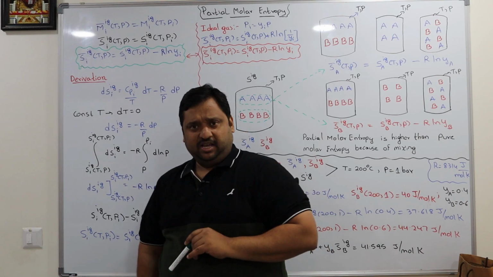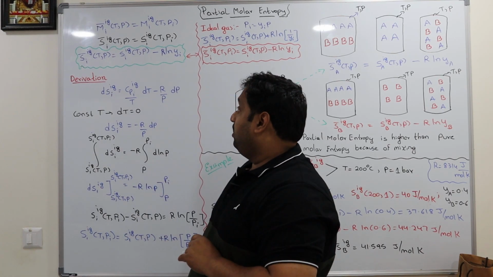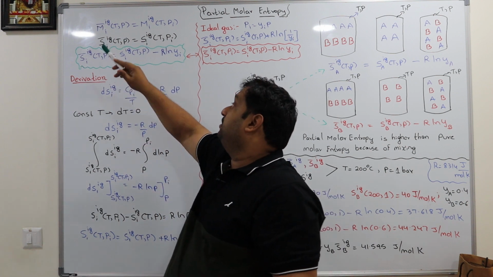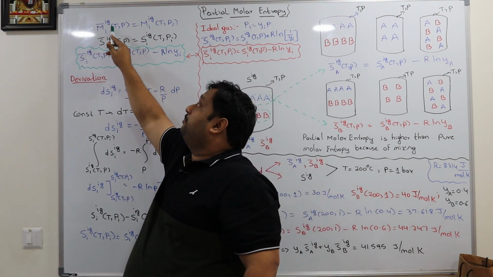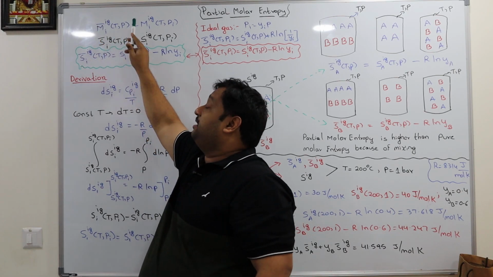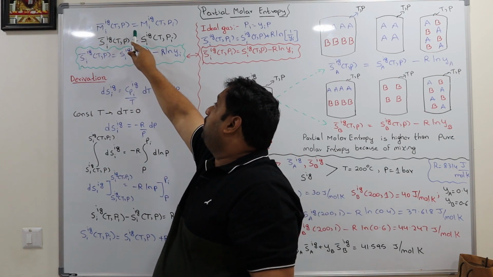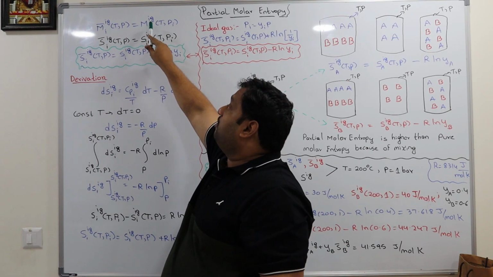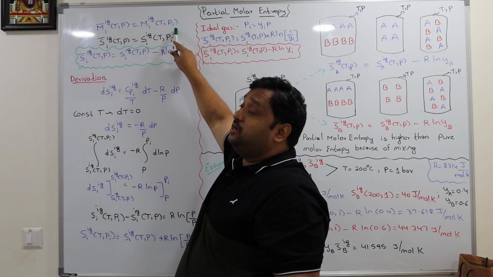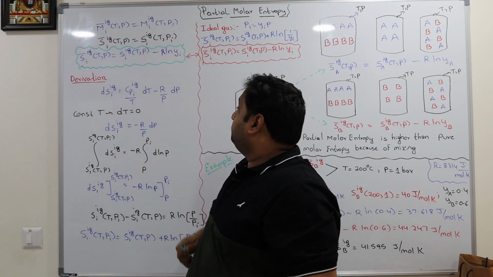Let us go back to the board. Here the Gibbs theorem says that the property of any component in a mixture at a given temperature and pressure will be equal to the pure property of the compound at temperature T but at a pressure Pi, which is called partial pressure.